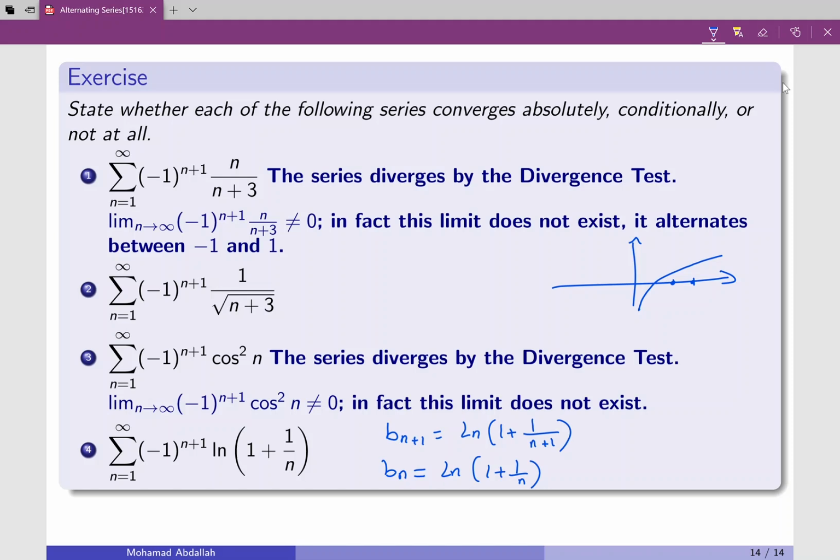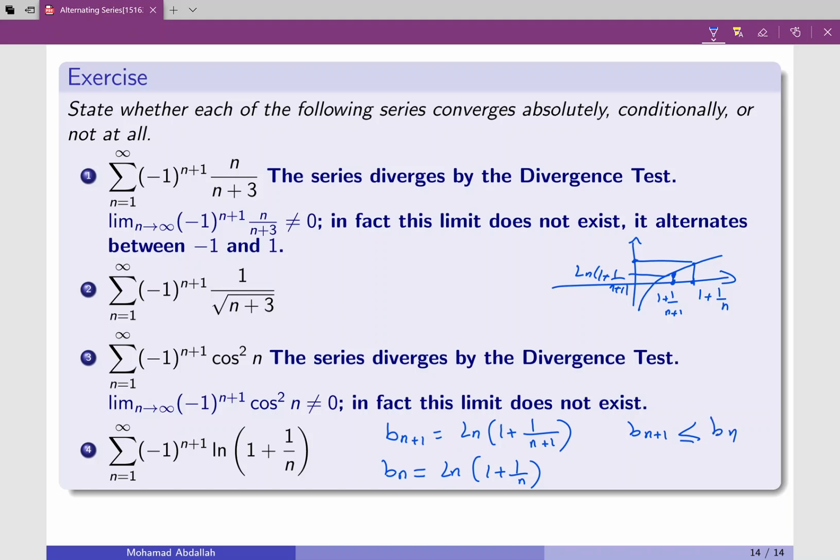Well, 1 plus 1 over n plus 1 comes before it, because 1 over n is bigger. So the ln of this is less than the ln of this. So that's going to be ln of 1 plus 1 over n plus 1, and above this will be ln of 1 plus 1 over n. So bn plus 1 is less than or equal to bn.